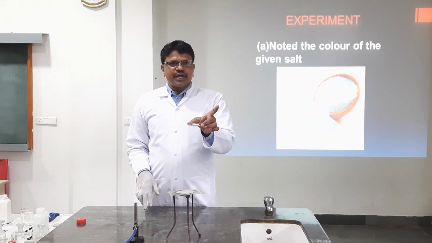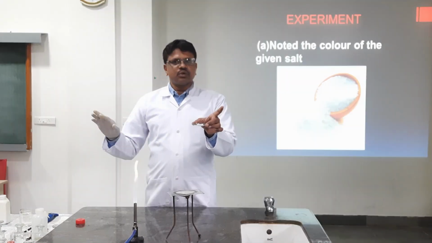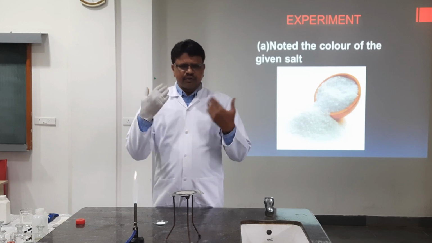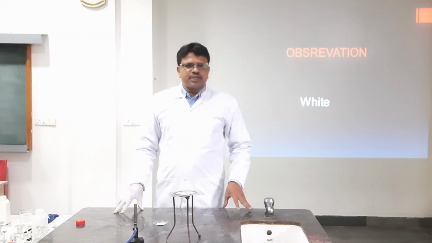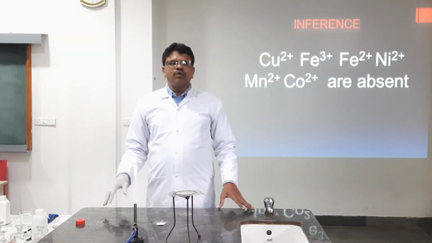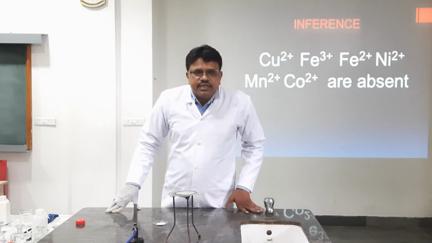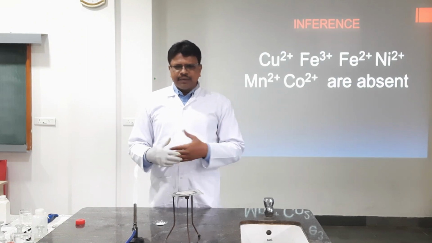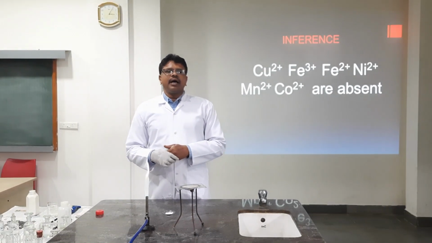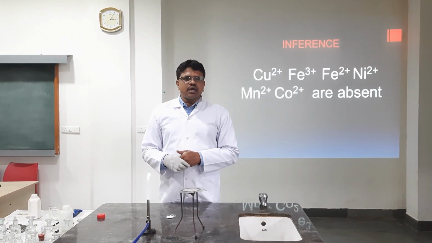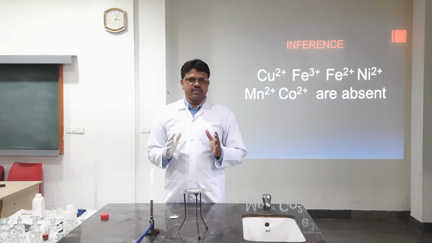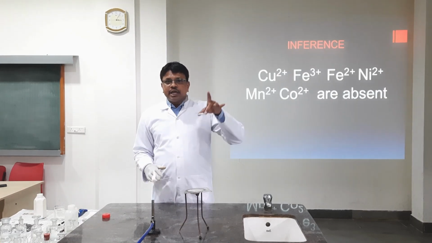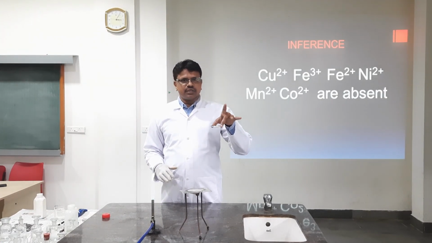Because it is white, those are all absent. In the observation, it is white color. In the inference, these ions are absent. What are these ions? Copper, iron 2+ and 3+, nickel, manganese, cobalt. These are absent because these salts have their own colors. So this is one of the preliminary tests of the salt.